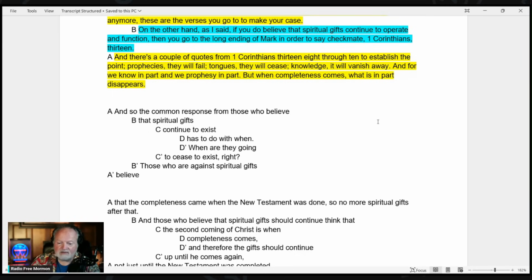Sub B, those who are against spiritual gifts, sub A, believe. It's a perfect chiastic structure from Radio Free Mormon with a number of elements that are quite specific and obviously reiterated in a reverse order.